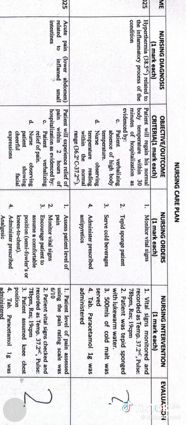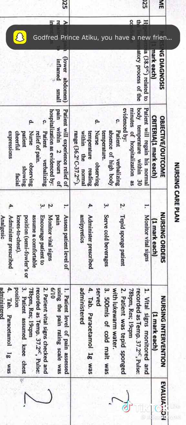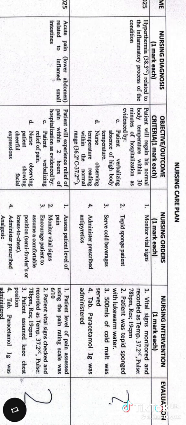Then we went ahead to state the nursing orders that will assist us to achieve the goal or the objective that we set for ourselves. And then our orders, we say that always make sure you state at least 4 orders. So we have our 4 orders that we believe will help us to achieve our goal.